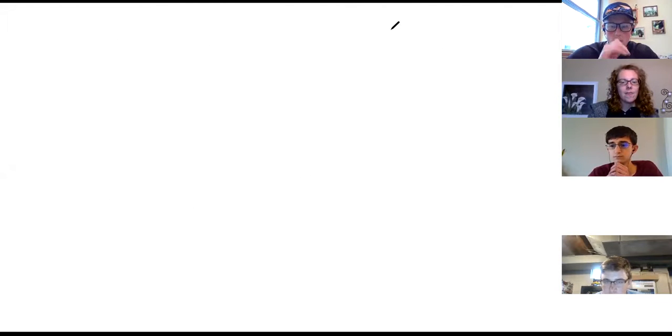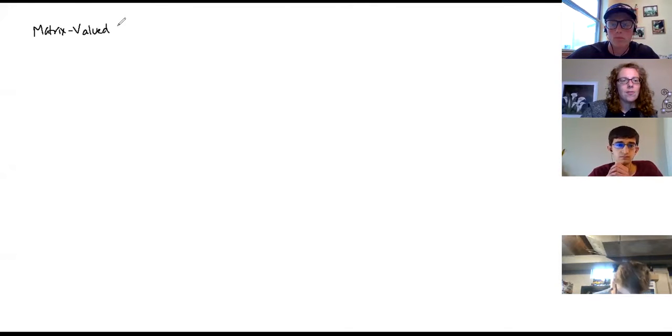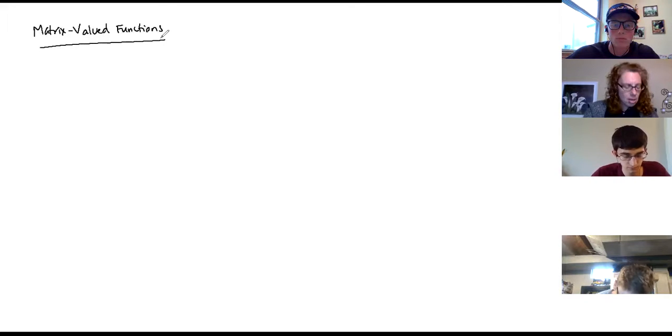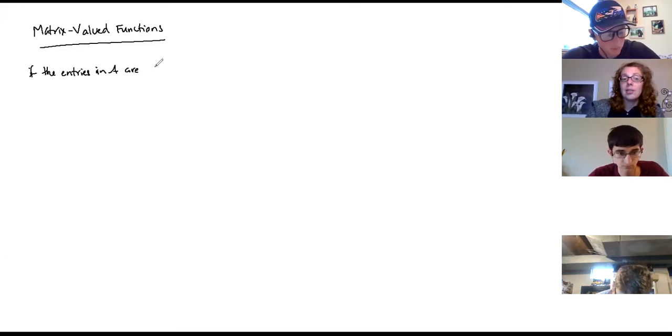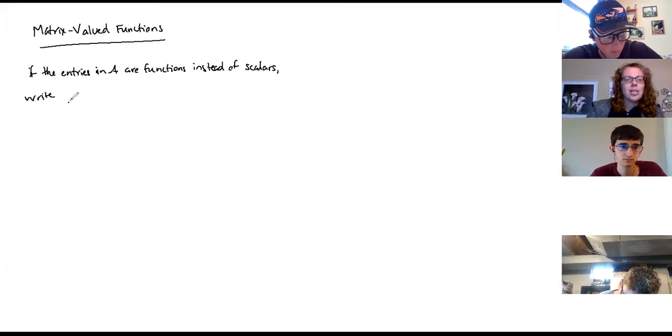Matrix valued functions. So if the entries in A are functions instead of numbers, or instead of scalars maybe, then usually what we do, we just change our notation slightly.